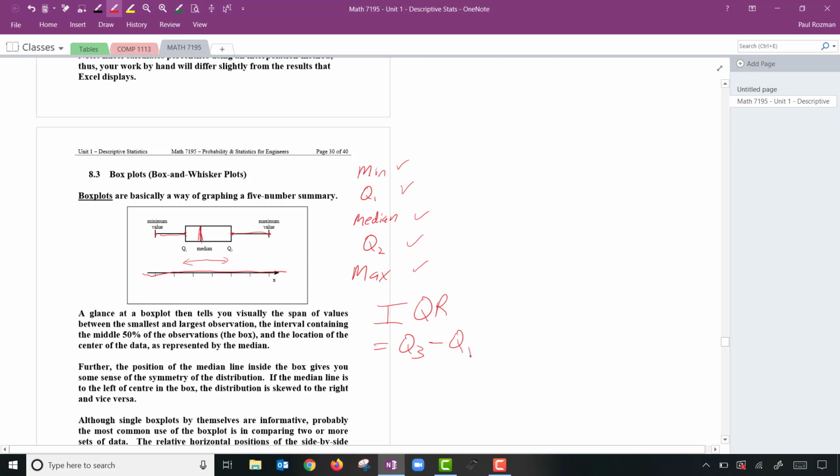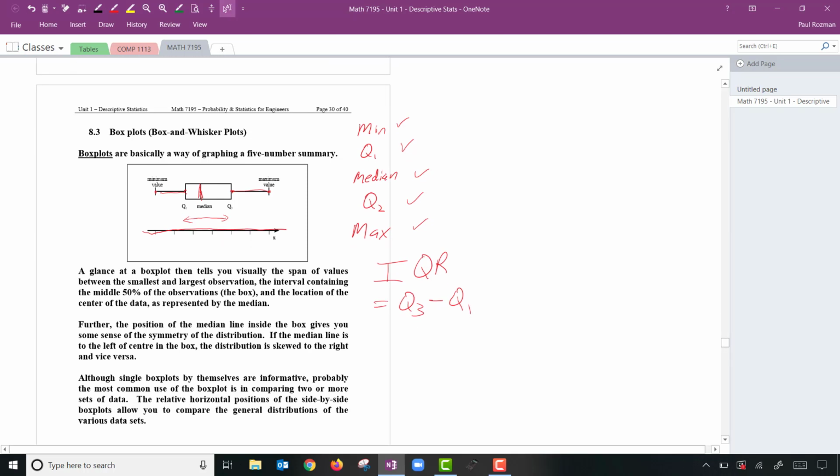A narrow box means your data isn't spread out very much. A wide box means your data is spread out quite a bit. So this is like another version of standard deviation. It measures your data variability. And it isn't affected at all by outliers because Q1 and Q3 aren't affected by outliers. If there's one strange value in your data set, it doesn't affect the positions of the quartiles.